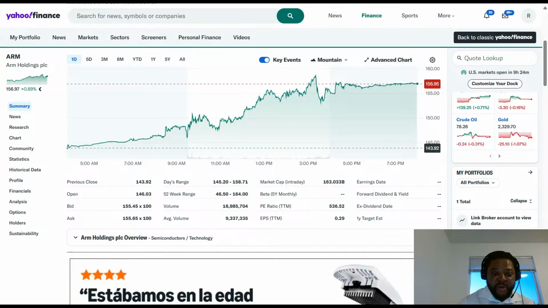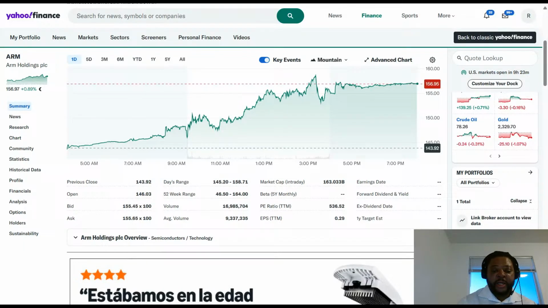We're going to start with previous close. At the end of the day, this is what the stock closed at: $143.92. This is what it opened at. The stock market opens at 9:30 a.m. Eastern time, Monday through Friday.